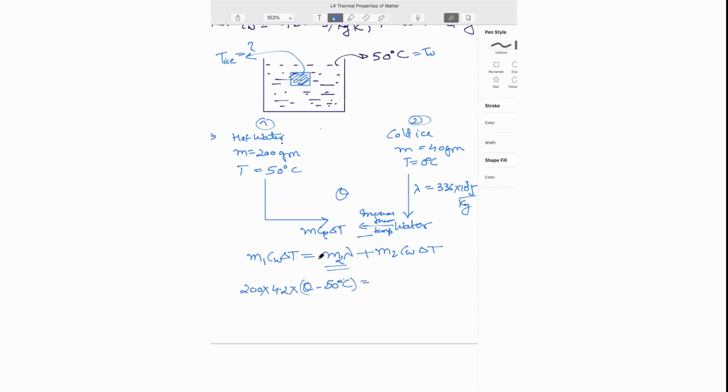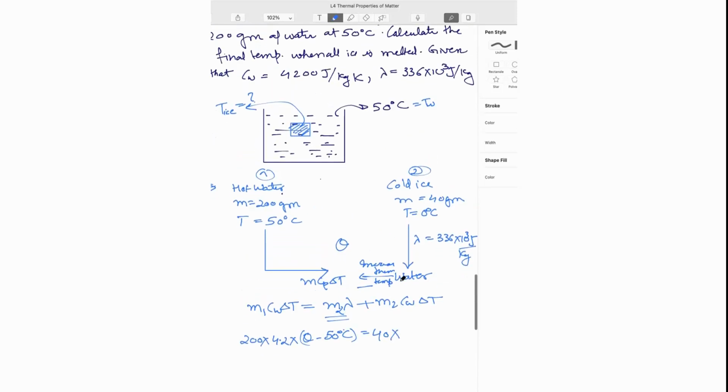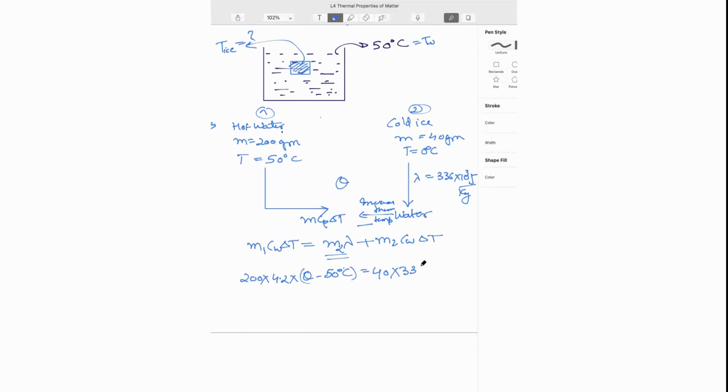So m2 is 40 into lambda, that is 336 in gram, plus it will go to a temperature from 0 to theta, so 40 into theta into 4.2. So just solve this and calculate theta. This is the level of difficulty.